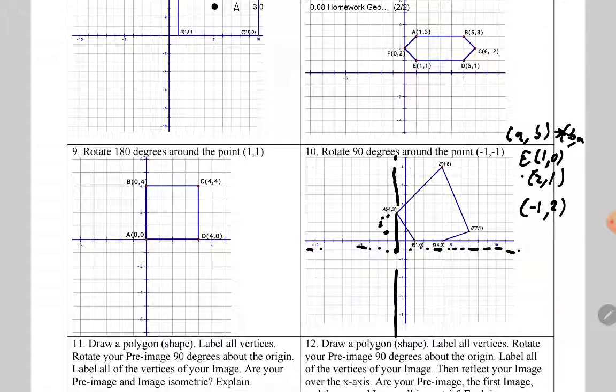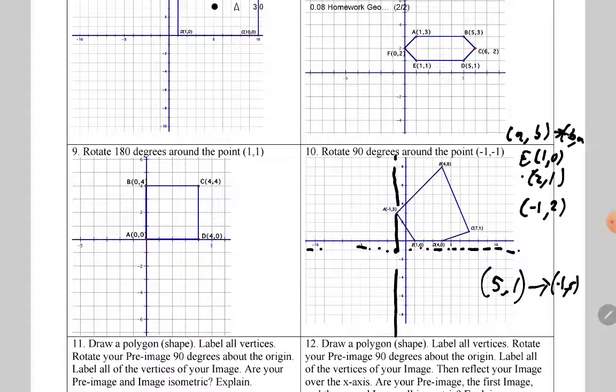Okay. And then D would be, so D is 4, 0. And on my new plane, it's actually 5, 1. So D is actually 5, 1 in my new plane. And that would become negative 1, comma 5. So negative 1 from my new coordinate plane, negative 1, comma.